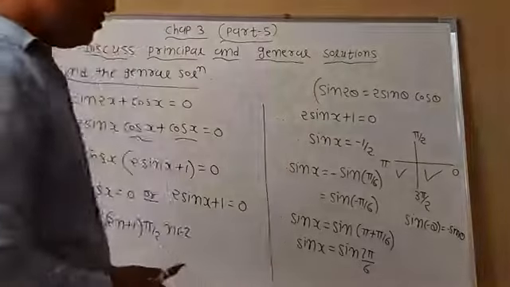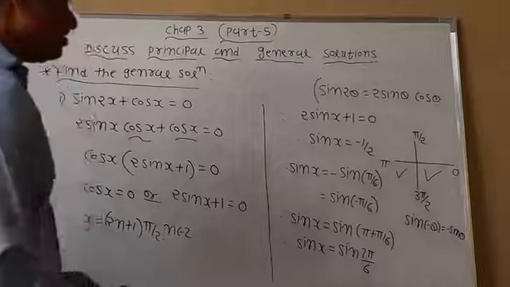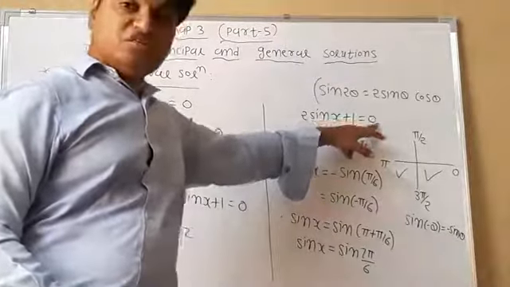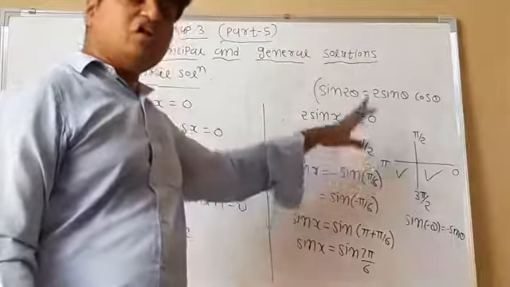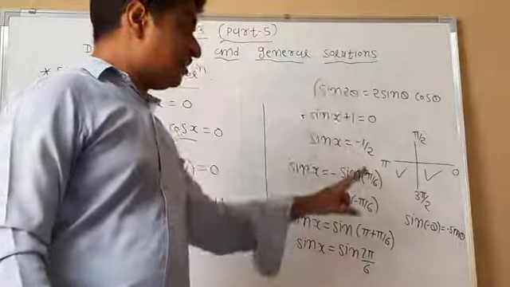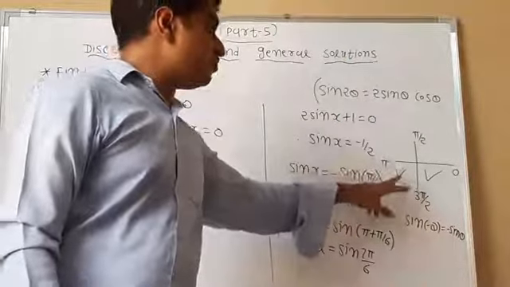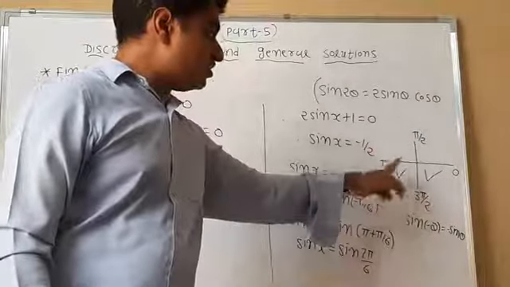Now to find the general solution of this equation, once again let me repeat this step. 2 times sin x plus 1 is 0. So sin x is equal to minus 1 by 2. Now decide in which quadrant sine is negative. Sine is negative only in the third and fourth quadrant. Now the first position is in the third quadrant.